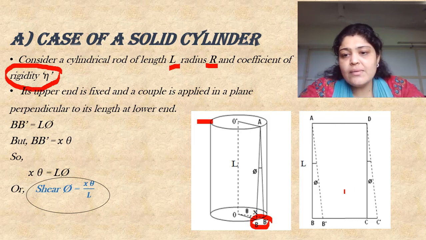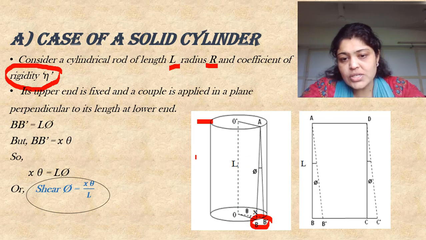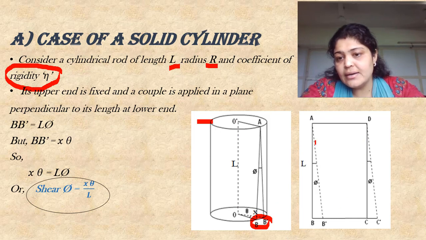In the next diagram, suppose you cut this cylinder across O dash and open it up. If you are cutting and opening the cylinder, you will get a rectangle. Suppose we label the rectangle as A, B, C and D. But because the lower part is being twisted or sheared by an angle theta, this was a displacement angle, and because of this displacement, the shear produced is say phi.